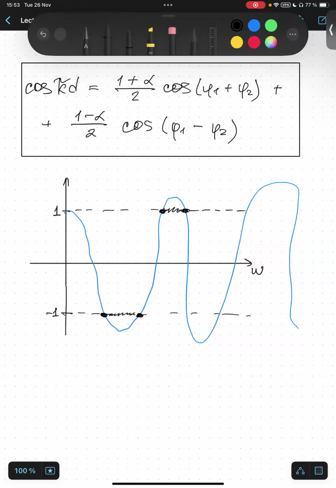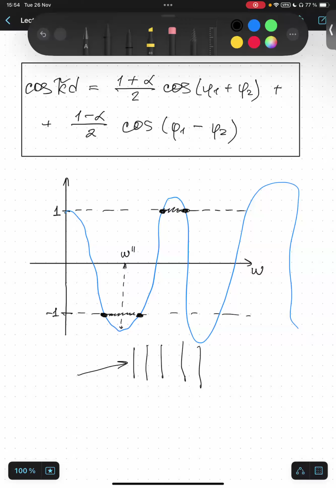Okay, so basically you have some periodic structure and you shine light on it. For example, with this frequency, omega double prime.